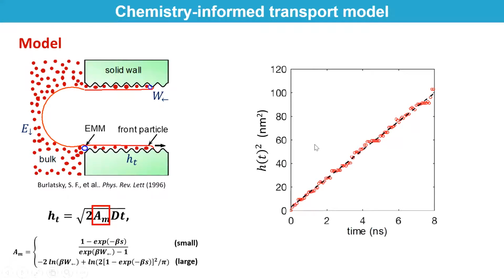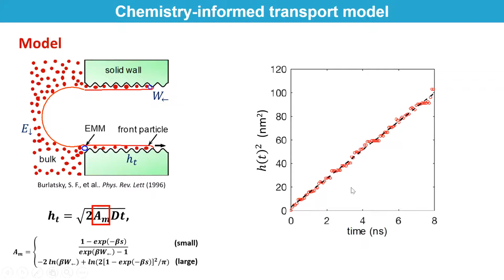What we show here is a plot of the spreading of water molecules on the surface as a function of time. What we see is that the spreading length squared scales linearly with time. In other words, h scales as the square root of t, as predicted by the model.